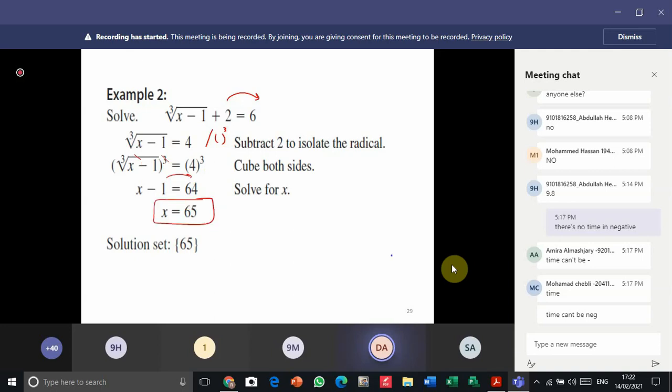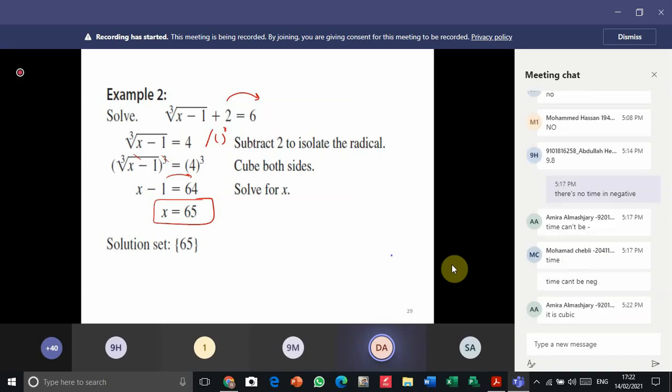Why don't we put plus or minus, positive and negative? Why? Here, I don't write positive or negative. It's a cube. If we have an odd index, there is no need to put positive or negative.